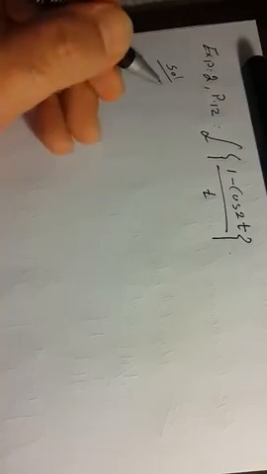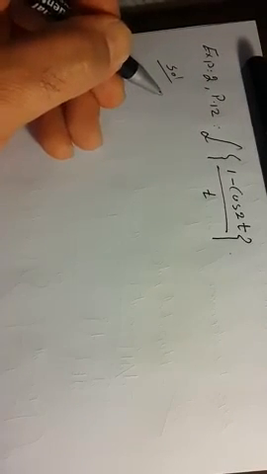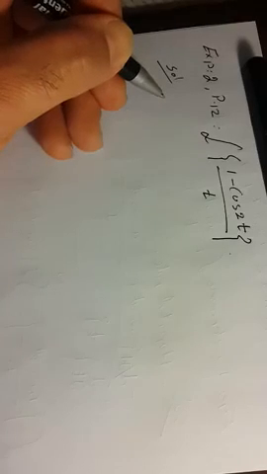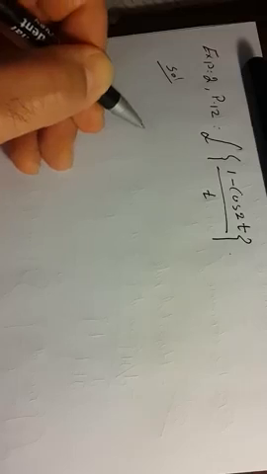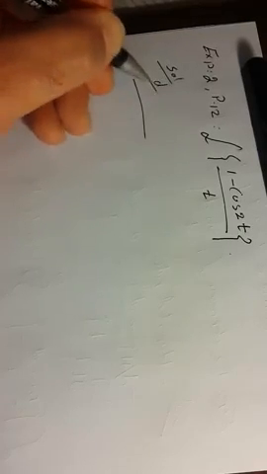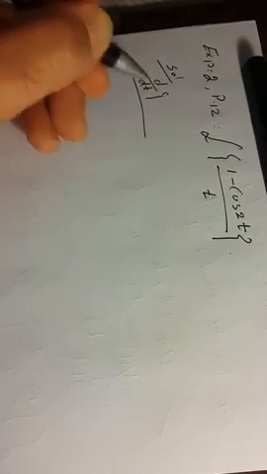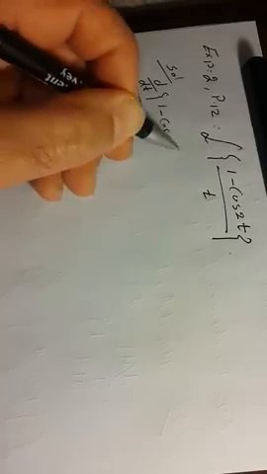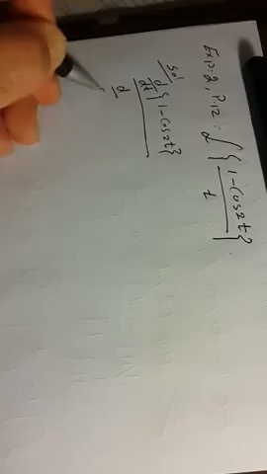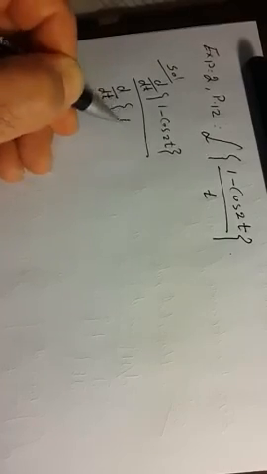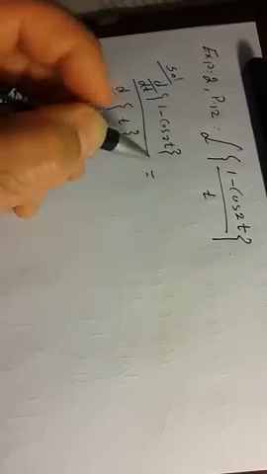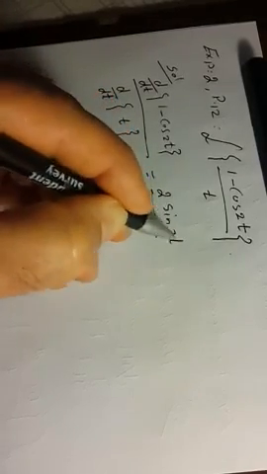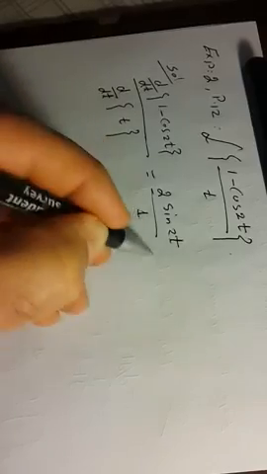Solution. The first step is to apply L'Hospital's rule to the function. We differentiate the function top and bottom: 1 minus cosine 2t over d over dt of t equals 2 sine 2t over 1.